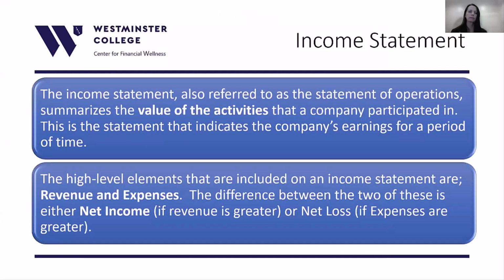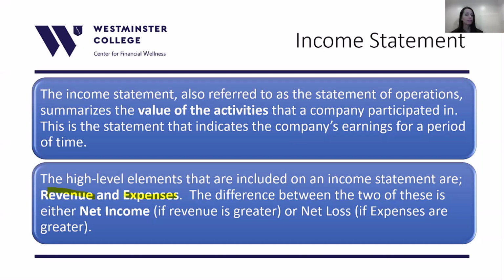Okay, our next financial statement that we're going to look at is the income statement. It's also called the statement of operations. And it provides a view into the value of the activities that the company participates in. The elements on the income statement are going to be revenue. And when I say revenue, it's revenue and gains. They're kind of the same thing, but I'm just going to generically use revenue. So revenue and expenses.